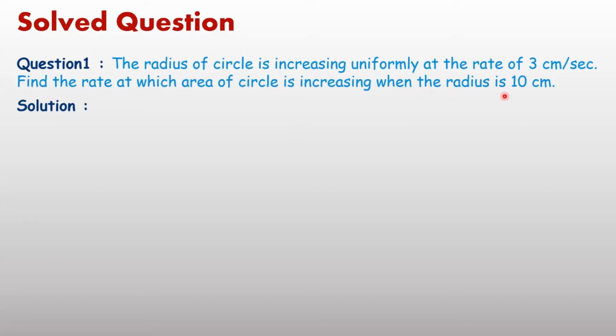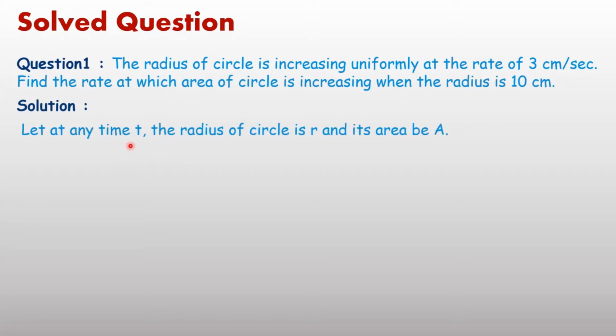I hope the meaning of the question is clear. Whenever the word increasing is used, it implies the rate will be written with a plus sign. If plus 3 cm per second is written, it implies the radius of the circle is increasing. We have to find the rate of change of area when radius equals 10 cm.